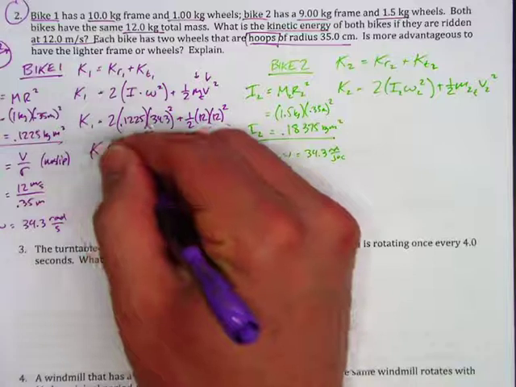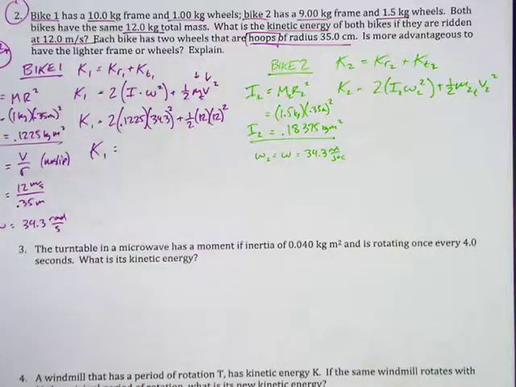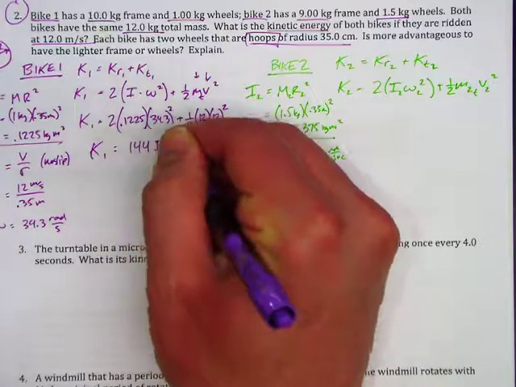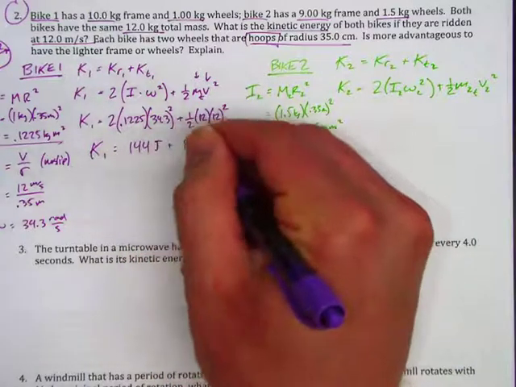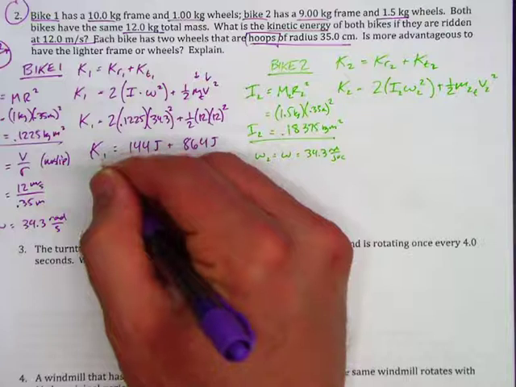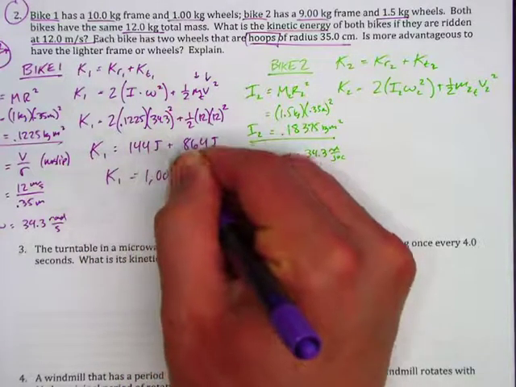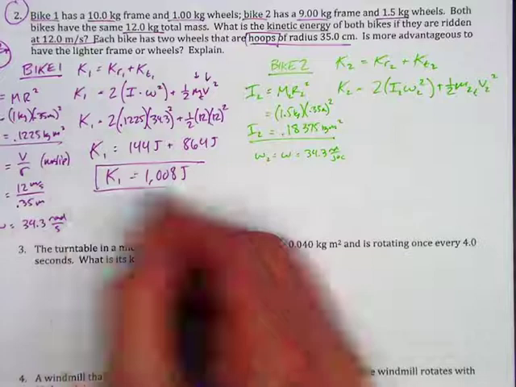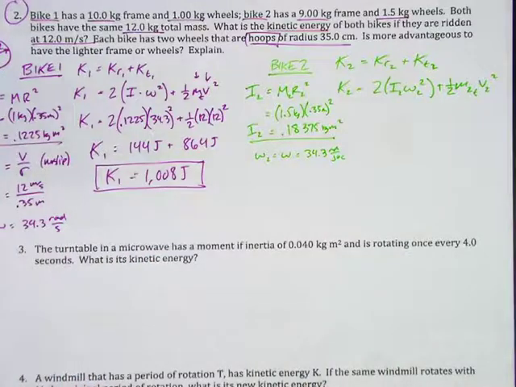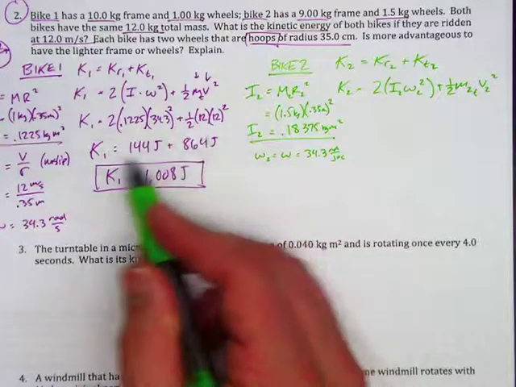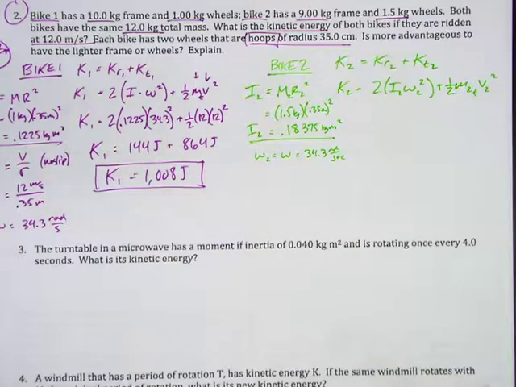So if I do this calculation, I get 144 joules plus 864 joules, which will be a total kinetic energy of 1,008 joules. Okay? Notice most of the kinetic energy is in the form of the motion of the center of mass. Less of it is in terms of the rotational kinetic energy of the wheels.